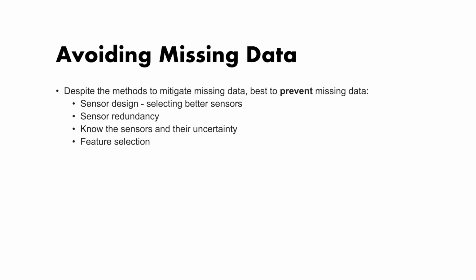In addition, understanding the sensors, their tolerances, their uncertainties, is also important. So we need to know the limitations and the accuracy of each sensor to anticipate and address potential issues. Finally, feature selection can also help us focus on the most important data, thereby reducing the risk of missing important information.